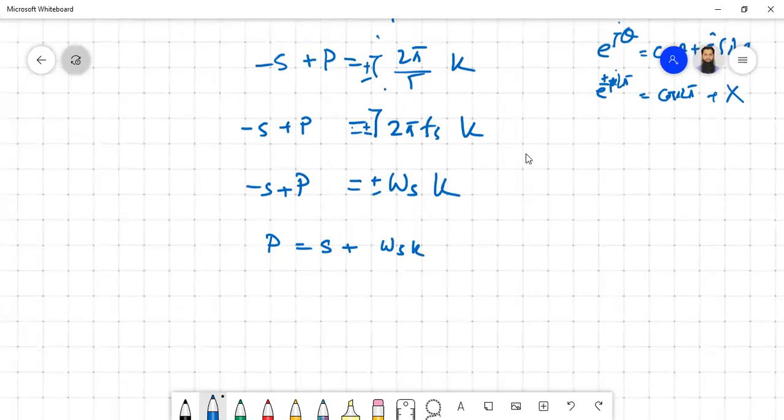So what we have here is finally s plus minus j omega s k. That is why you have an infinite number of poles, as we see.